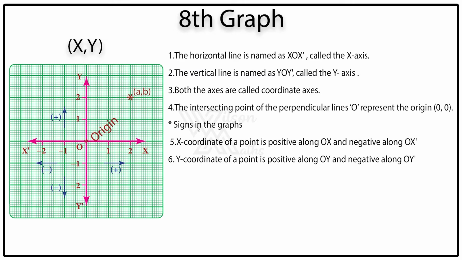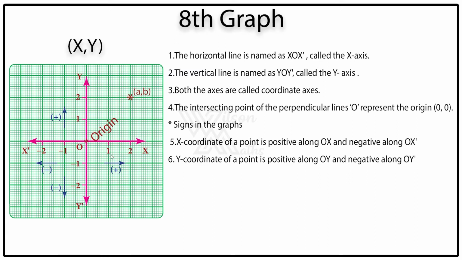Signs in the graph. Which symbol in the graph? From the x coordinate, OX positive sign, OX dash negative sign. So OX positive, plus 1, plus 2, no need to write the plus.